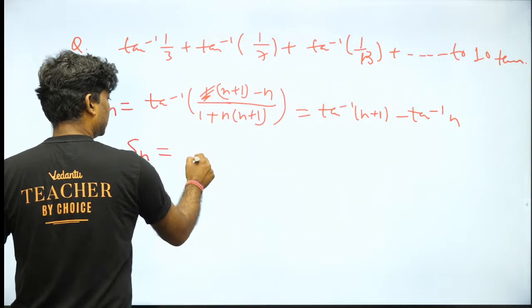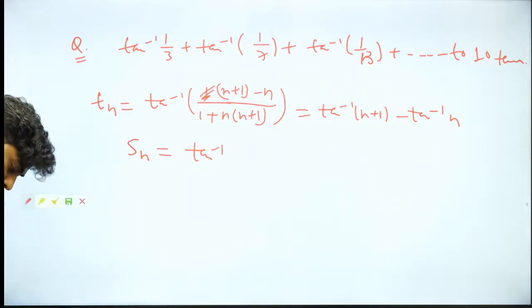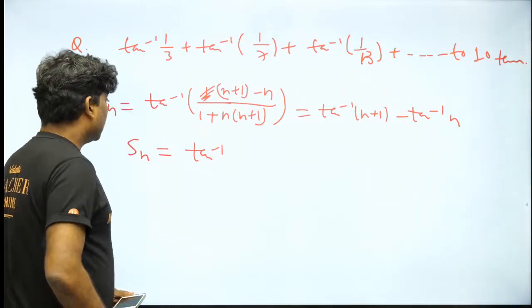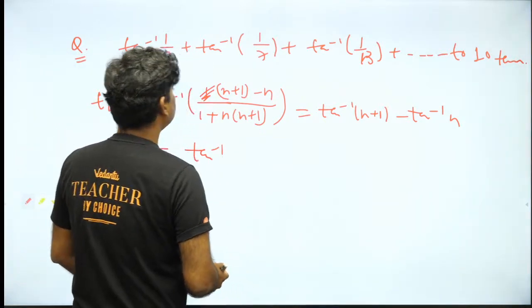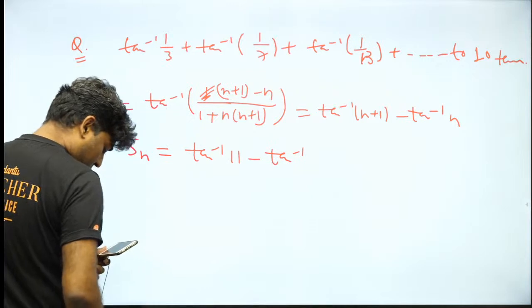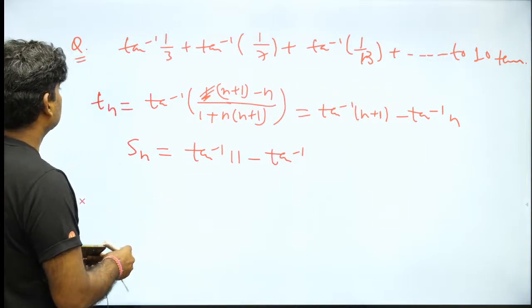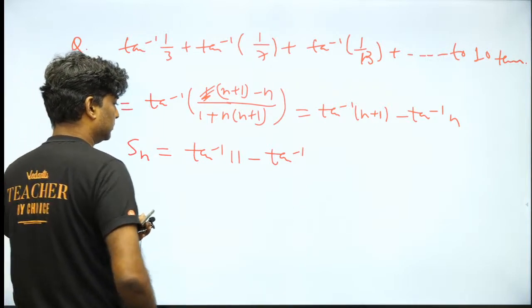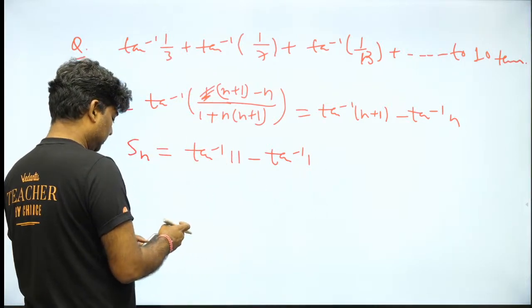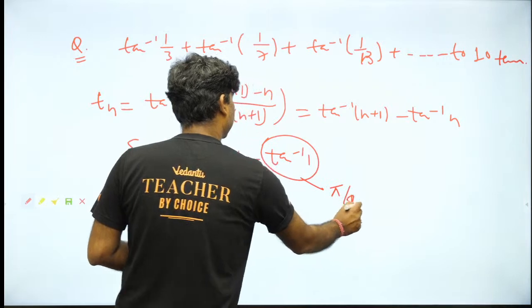So from the idea of telescopic sum or V(n) method, Sn is sigma of Tn, that you will get as tan inverse of, number of terms is 10, so 11, minus tan inverse of 1, that is pi by 4, isn't it, students?